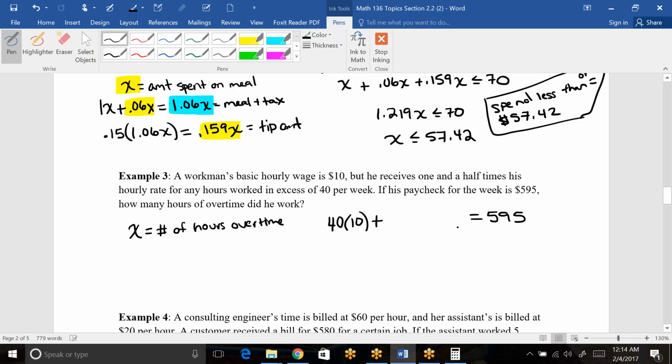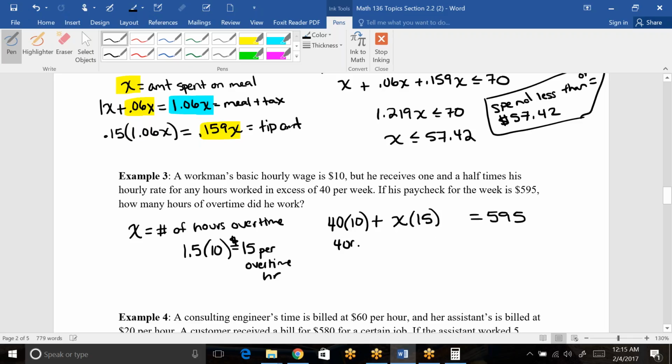What's going to matter here is what's going on in the middle, and his overtime, remember, is time and a half. So it's 1.5 times his normal rate of 10, which is $15 per overtime hour. So we know that his X that we're looking for is being multiplied by $15.